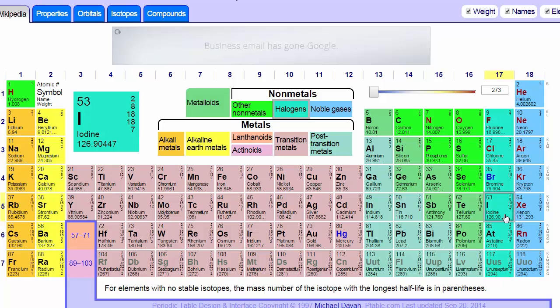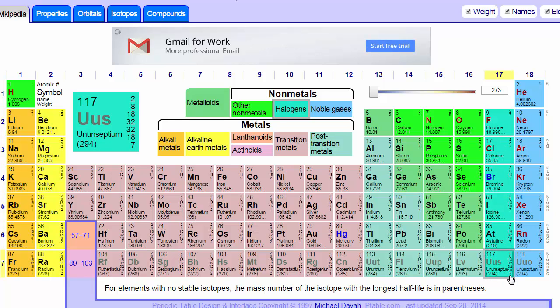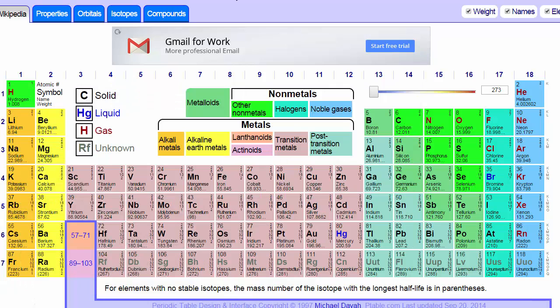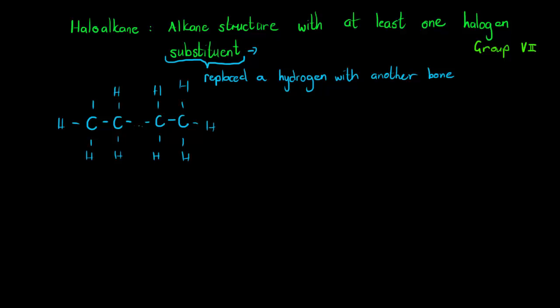We're only going to work with these 4, so don't worry about the others. So this one can either be fluorine, chlorine, bromine, or iodine.